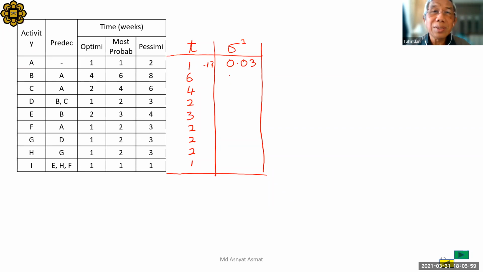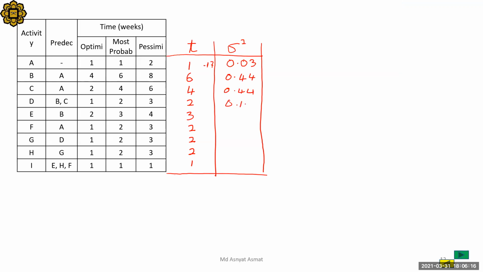Now the variances: 0.44, 0.44 again. Then 0.11, 0.11, 0.11 as well.